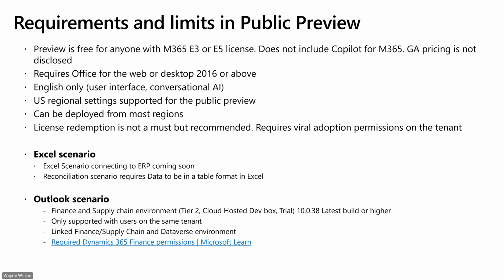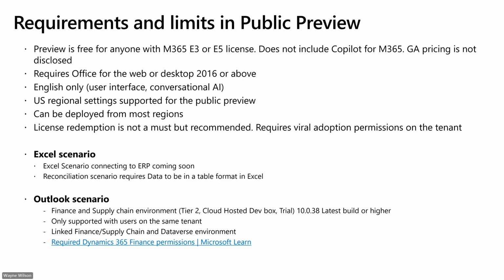Diving a little bit deeper into the Excel and Outlook scenarios. Currently, as Excel does not need to connect to the ERP, you can simply bring any data. So if you have Excel and a license, install the add-in and go try the Excel scenarios. One of the questions I am seeing is about how to get data from F&O.